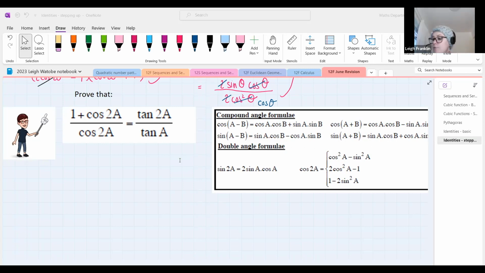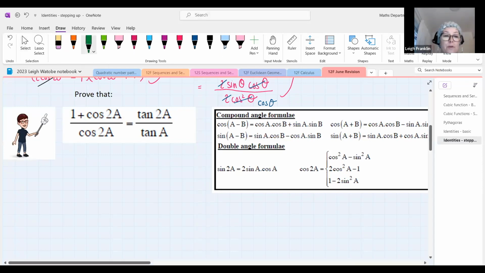I have got some for you to try on your own, but originally I wanted to do this one together with you. Okay, so if we have a look at the left-hand side, we've got cos 2a at the top and cos 2a at the bottom. So let's start with the left-hand side.